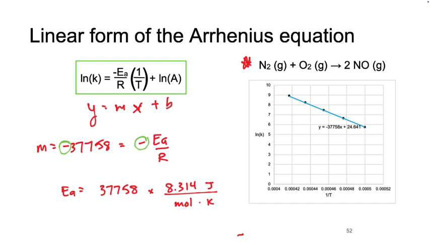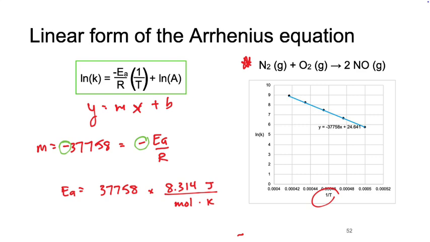What's happening with the temperature? That's going to get canceled out dealing with the exponent, or not our exponent, our x value. So we just take 37758 times 8.3145, and we now have our joules per mole for this reaction. That's going to be a wicked huge number, right? Do we want to report it as a wicked huge number?